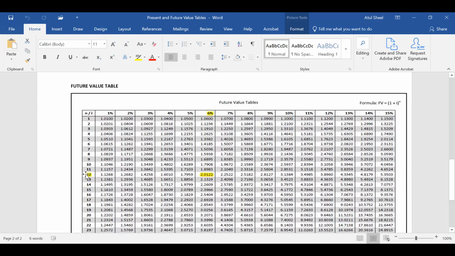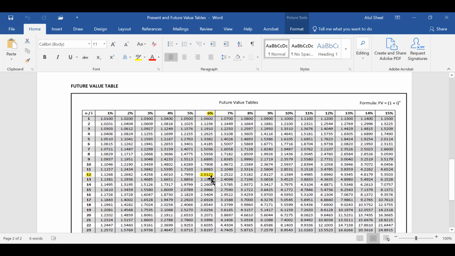So what is the future value of $1? Future value of $1 if the interest rate is 6% and the time period is 12. That means what is $1 today worth after 12 years if the interest rate was 6%? It is worth $2.0122.